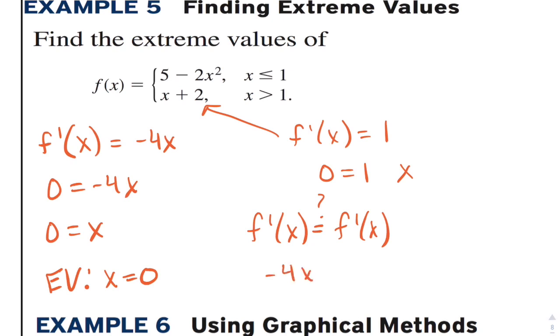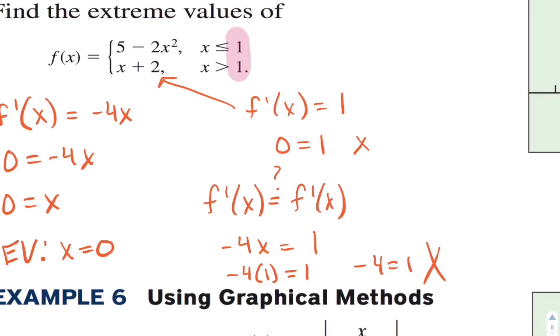Well, does negative 4x equal 1 when x is 1? Why am I saying 1? Well, that's what's right here. So does negative 4 equal 1? And that is not true. So they both have an extreme value when x is 1.